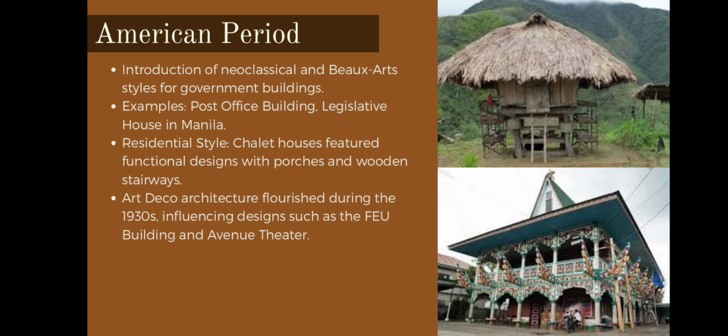During the American colonization, architecture in the Philippines saw the introduction of neoclassical and Baroque art styles, especially for government buildings. These architectural styles emphasize grandeur, symmetry, and classical details, showcasing the influence of Western ideas.